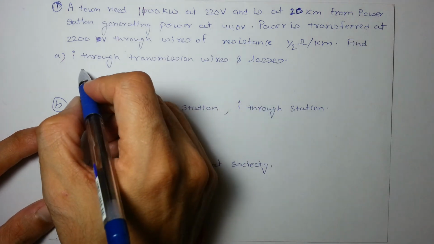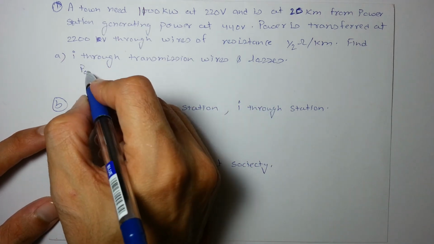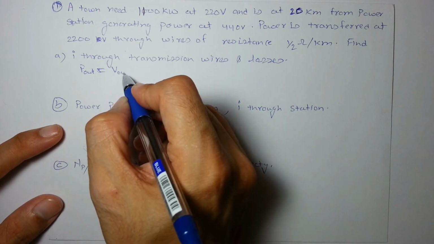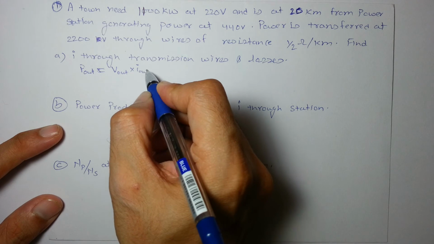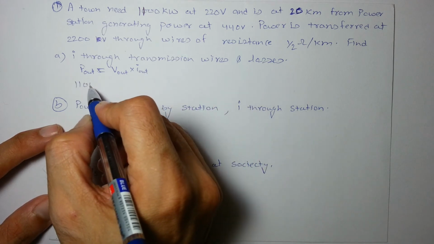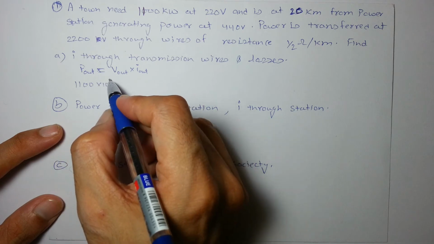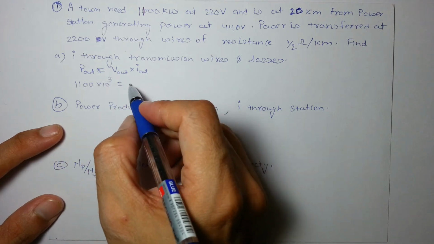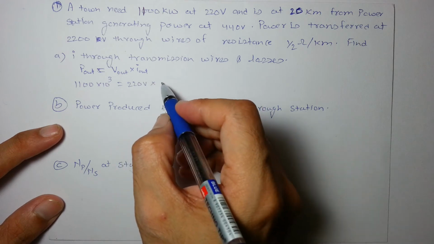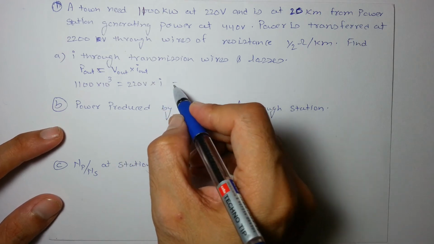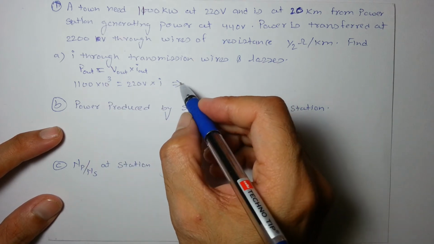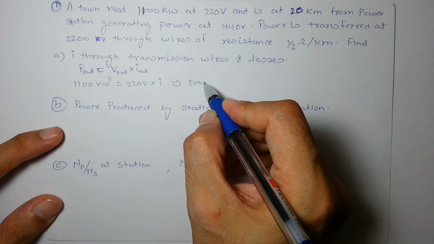So current through transmission is nothing but power output is V output into I output. So how much power is required? That is 1100 kilowatt at how much voltage? 220 volt. So the current is nothing but that divided by this, we get 5000 ampere.